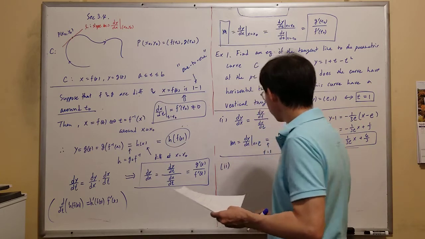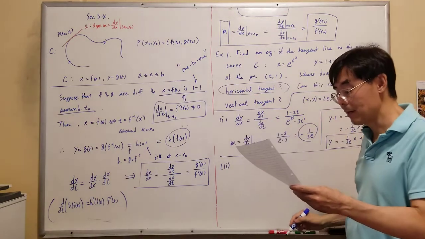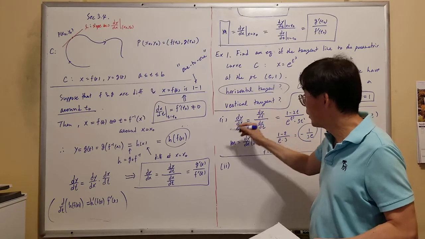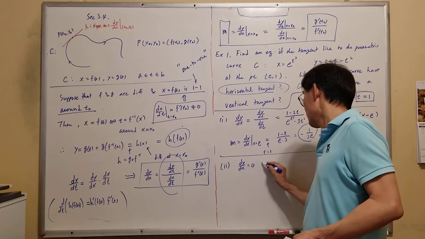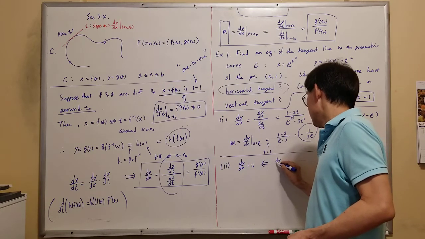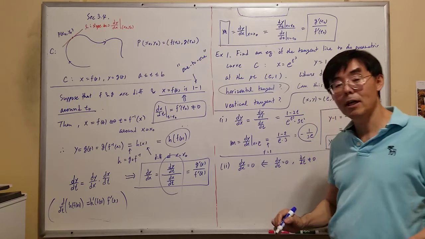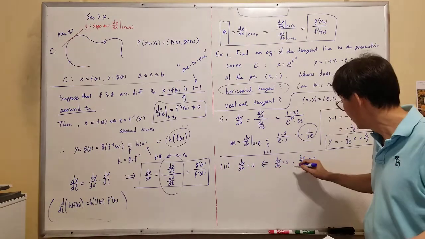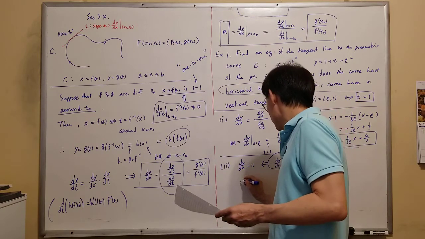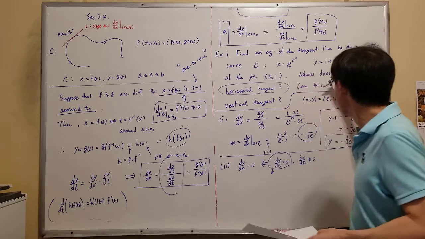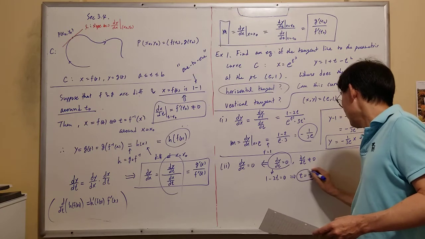Second. Now, where do you have a horizontal tangent line? All right. Well, from this, dy over dx equals 0 if dy over dt equals 0, but dx over dt is not 0. 0 over not 0 will be 0, right? So we'll focus on this. What is dy over dt? 1 minus 2t equals 0. t equals 1/2.